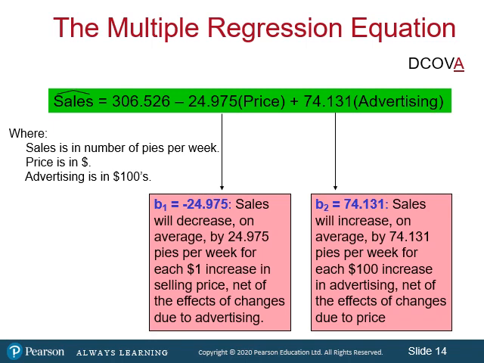Here, when advertising increases 1 unit, that means $100, sales will increase by 74.131. That's how the beta value is interpreted. Negative means the relationship between price and sales is inverse. Positive means they move in the same direction. That's how you interpret the beta values.